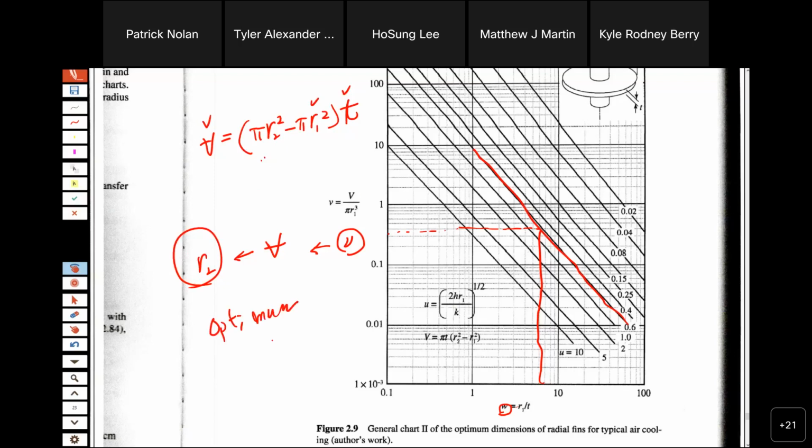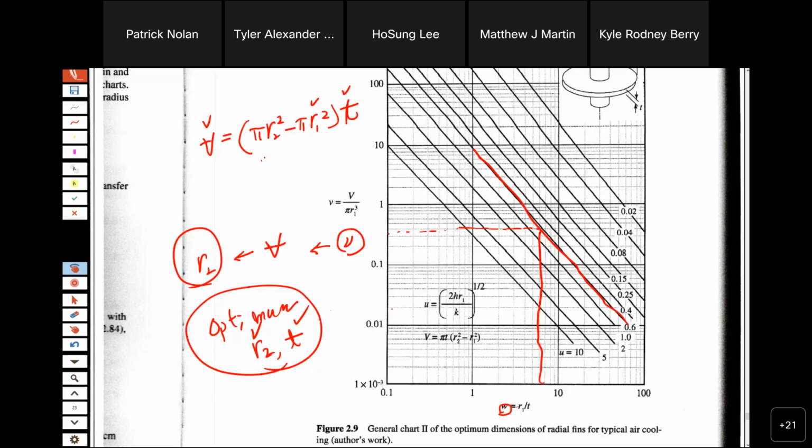Not known. We calculated the T first. From W, I calculated the T, and then from the second chart, I calculated the R2. Finish. Something similar. Okay, so I optimized.